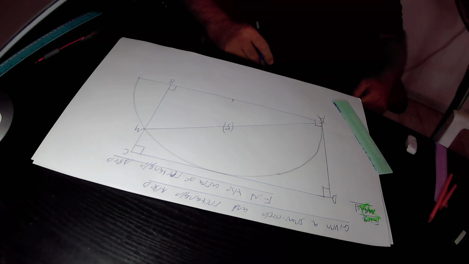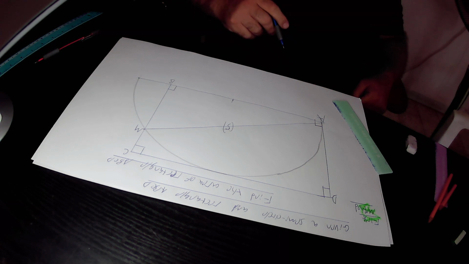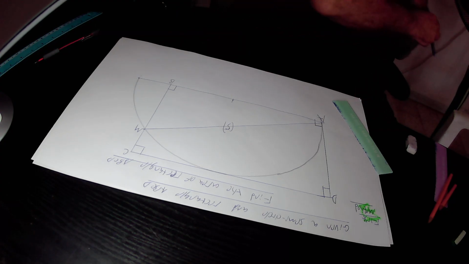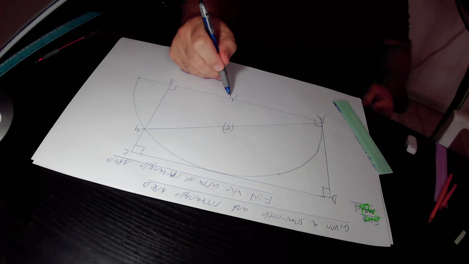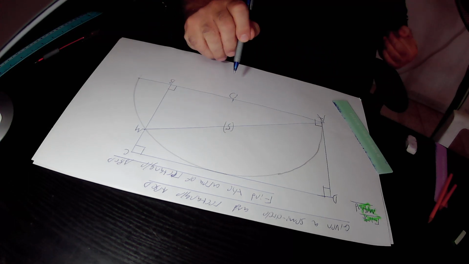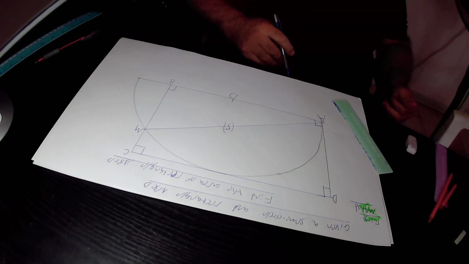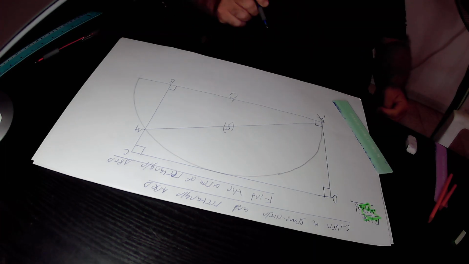In the next step, we will define the center of this semicircle. This point is point O. We define the radius of this semicircle as x.